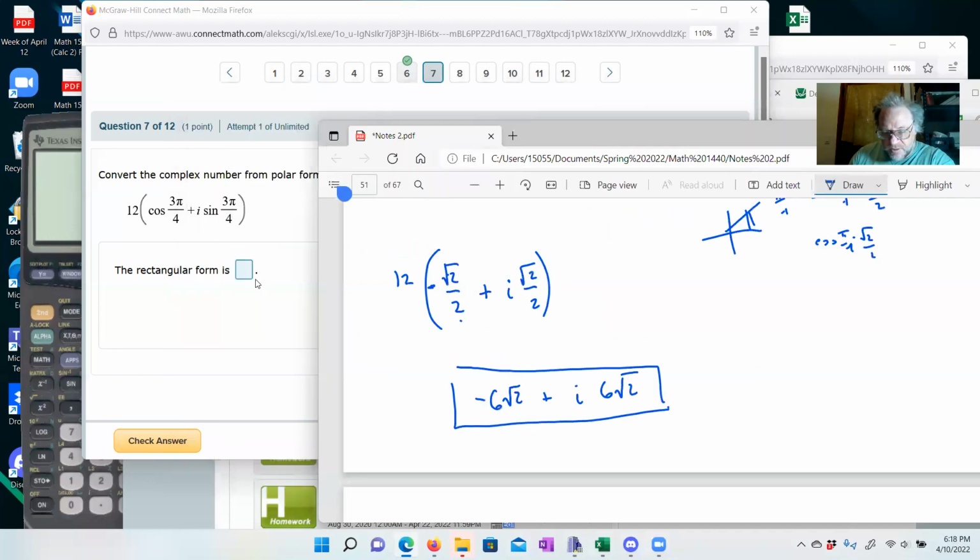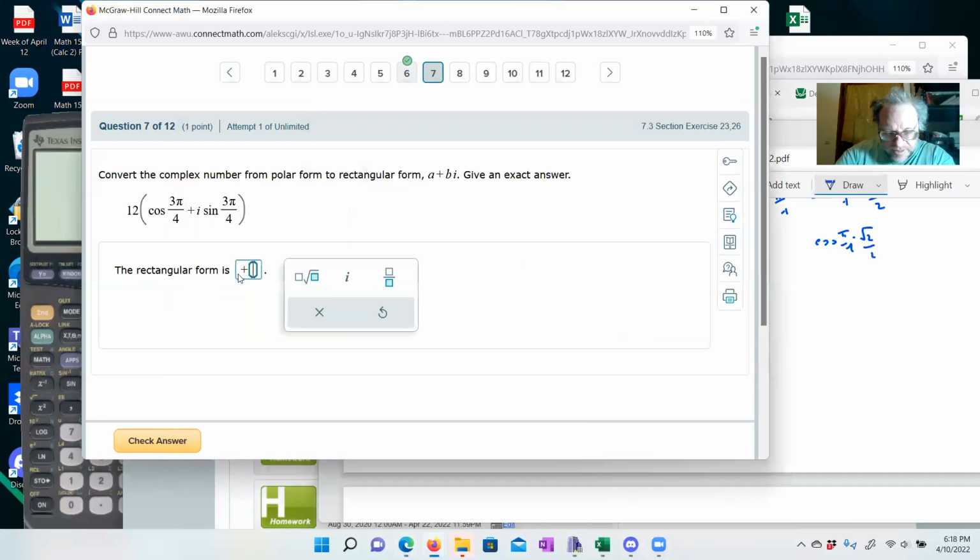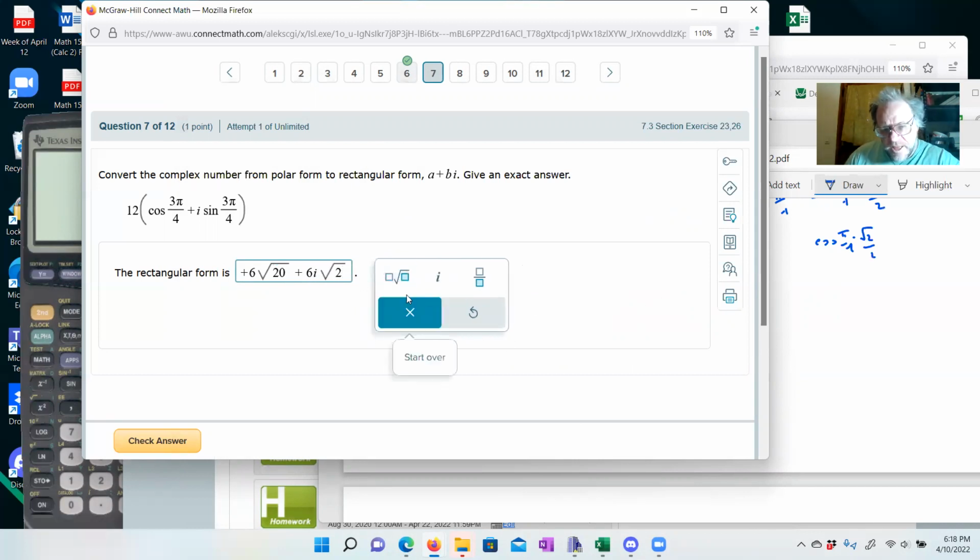Okay, so what do we have? We have negative 6 root 2 plus 6i square root of 2, and that's what we're going to want here.